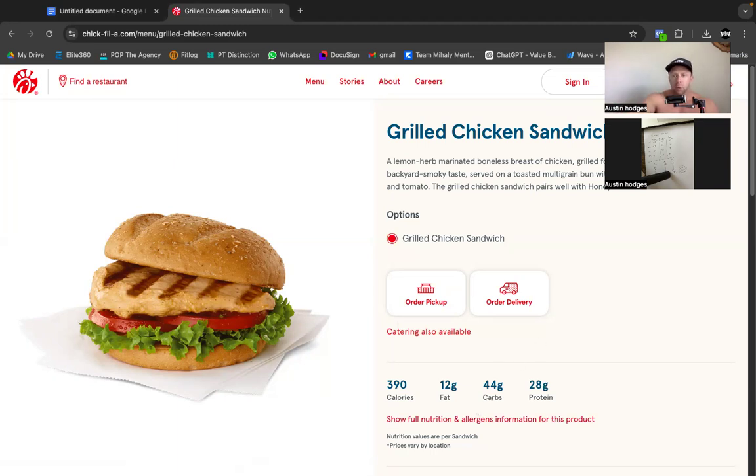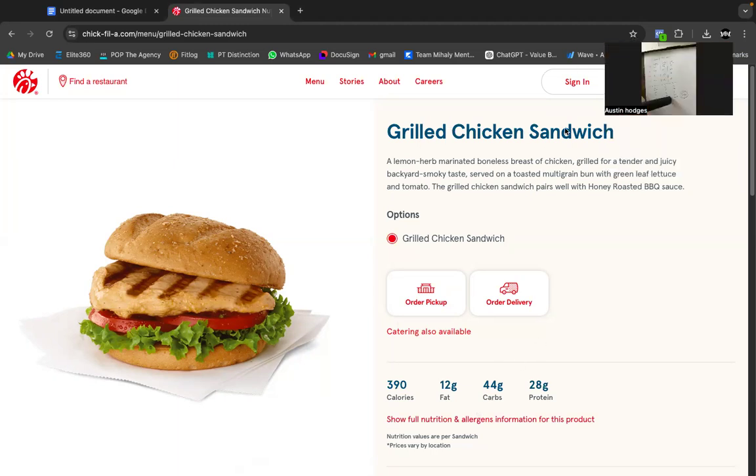It's just a regular old grilled chicken sandwich, the bun, everything. What you see pictured here is what these numbers are listed off of. This thing has 12 grams of fat, 44 grams of carbs, and 28 grams of protein.